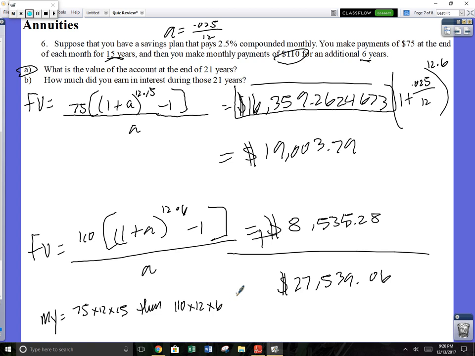So 75 times 12 times 15 is 13,500. Then 110 times 12 times 6, that is 7,920.